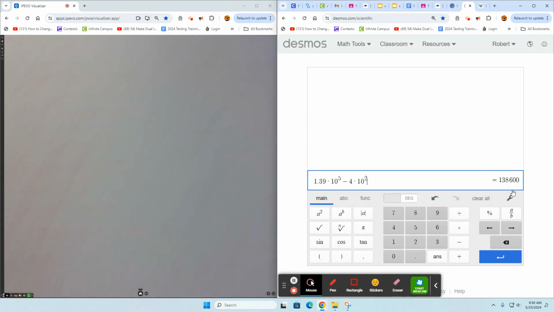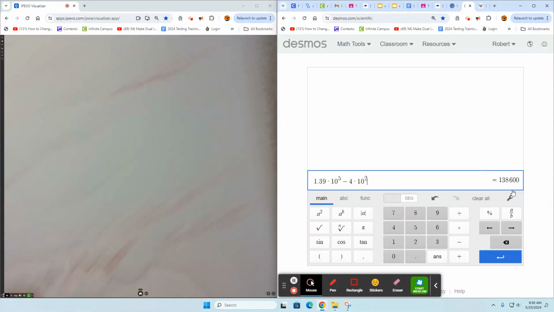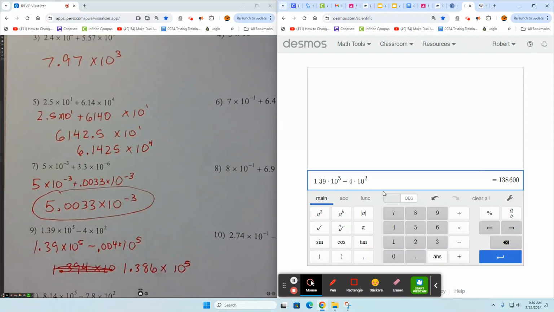My point being, for all of these ones where it says multiply or add or subtract, you can simply just type them in the calculator and it gives you the answer. There's no reason not to type it in scientific notation. Sometimes when you type it in, it just gives me the actual scientific notation when the number's really large.